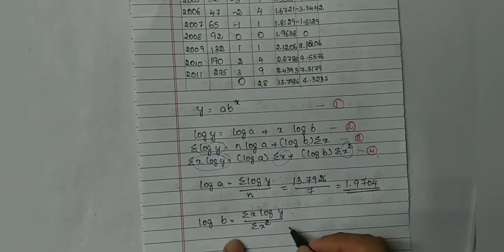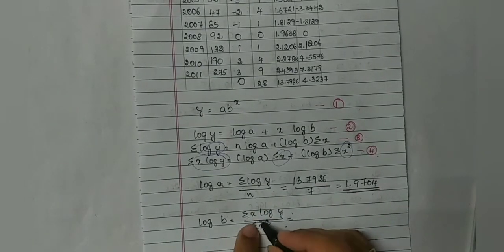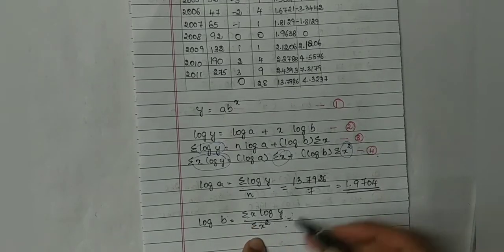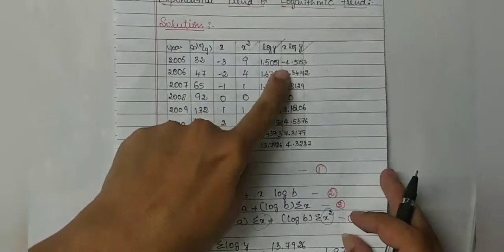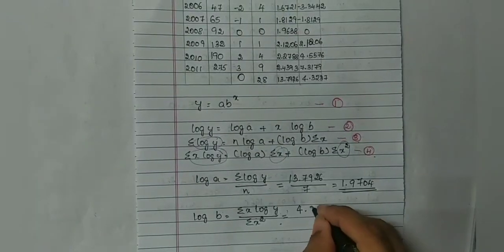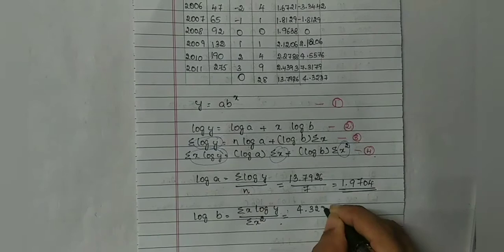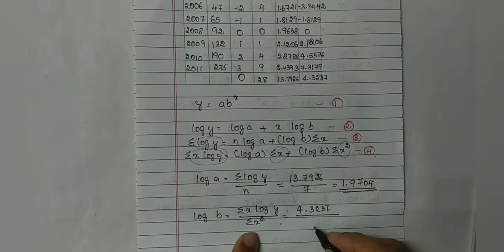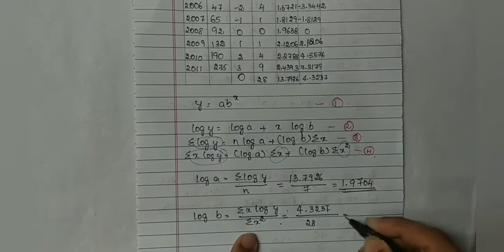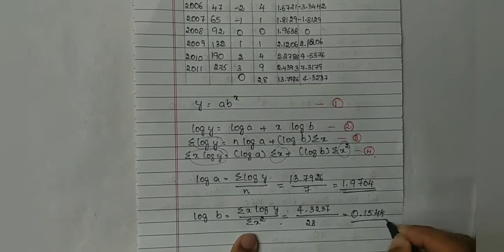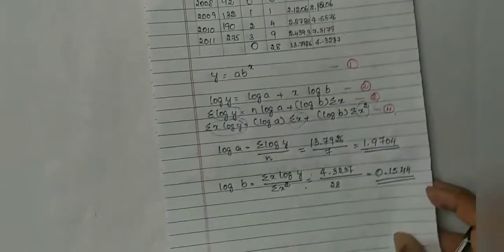Same way calculate log b, summation x log y divided by summation x square. X log y is the last column, 4.3237 divided by summation x square, that is 28, and the value is 0.1544. So that's it.